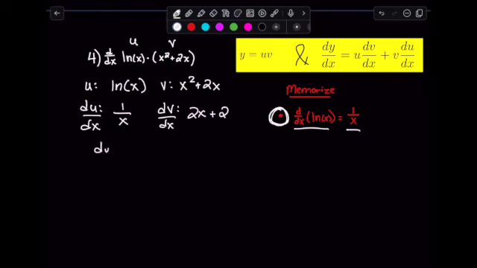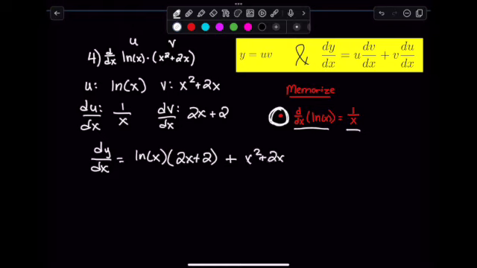Simplifying all that out into the equation, we have dy/dx equals u, which is ln x, times dv/dx, which is 2x plus 2, plus v, which is x squared plus 2x, times du/dx, which is 1 over x.